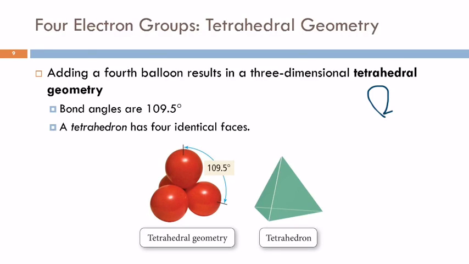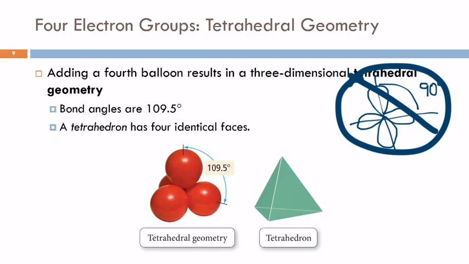So making it flat, the angles would be 90 degrees. It wants maximum separation. By becoming three-dimensional, we can get angles of 109.5 degrees. That's less. I'm sorry, that's greater. We want greater angles, more separation. So 109.5 is larger than 90, and so this does not happen.